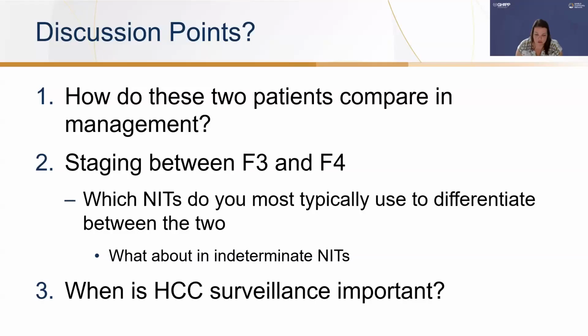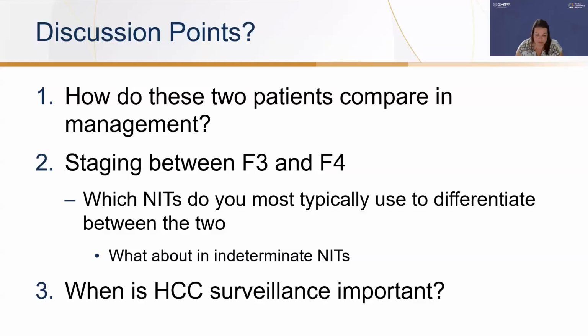And then if you have indeterminate or discrepant NITs, so say one of your NITs is looking like fibrosis and another is looking like F1 or F2, how do you kind of break that, or how do you make sense of that? So these are the patients where you may want to consider a biopsy or potentially another kind of NIT. And this is all in addition to your clinical evaluation and the patient presentation.